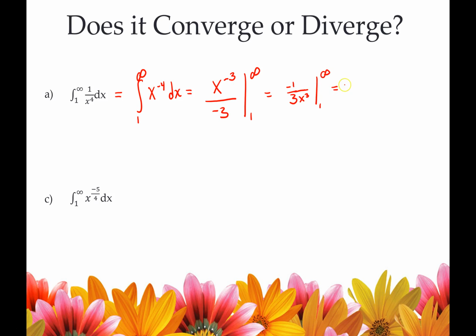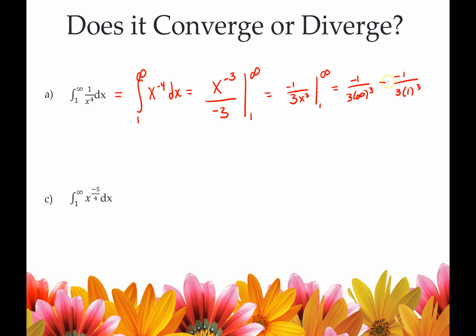So this here is going to be now plugging in my top value. So I'm going to have minus 1 over 3 to the infinity cubed minus a negative 1 over 3 to the 1 cubed. All I was doing was plugging in this first to get here, put down my minus symbol, and then I put the 1 in right here to get this. So let's go ahead and simplify this.